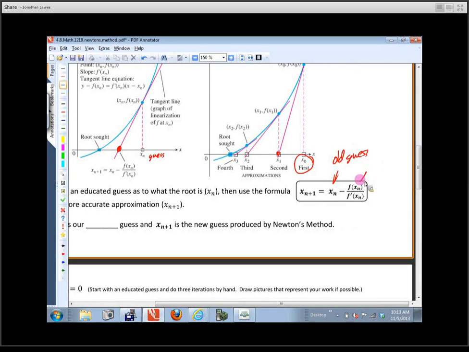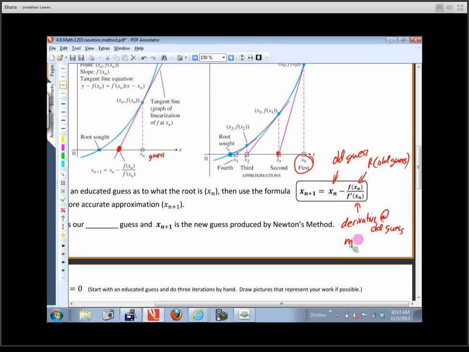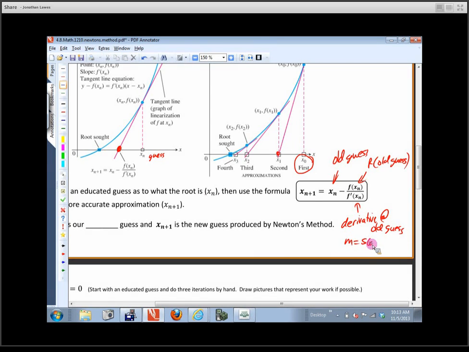This is the function value at our old guess as to what the x-intercept is. This is the derivative at the old guess, at the old x-coordinate. In other words, that's our slope. And if x sub n is our old guess, this is going to be our new guess.